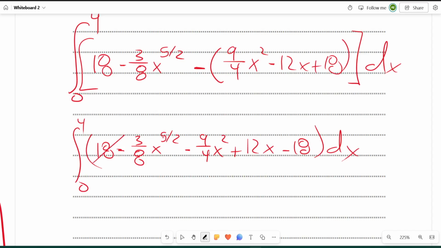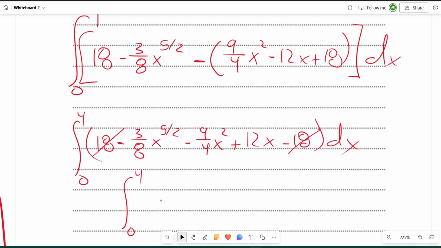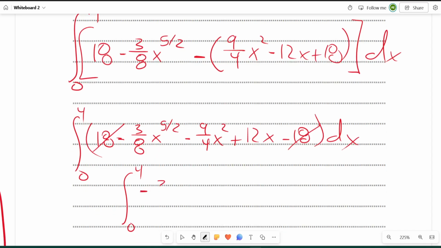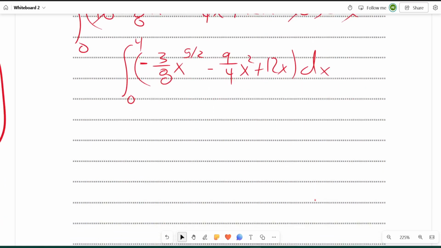So I can see that 18 minus 18, they will cancel, and I'll just end up with the integral from 0 to 4 of negative 3 over 8 x power 5 over 2 minus 9 over 4x squared plus 12x dx, and this is the expression that I need to evaluate to find the answer.